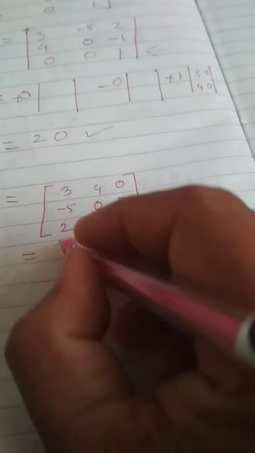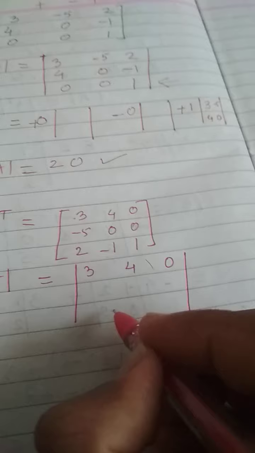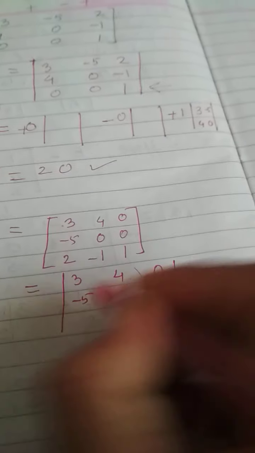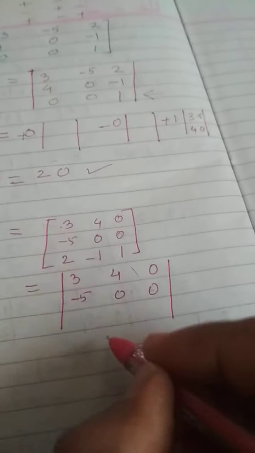Now I am going to calculate the value of the determinant of A transpose. Let us write the two vertical bars: 3 4 0, -5 0 0, and 2 -1 1.